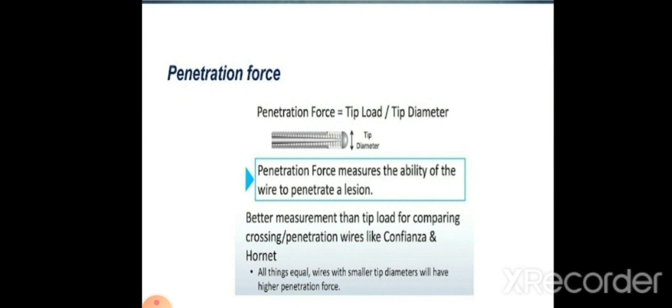All things being equal, wires with smaller tip diameters will have higher penetration force. So if you have a wire with a high tip load and a tapered tip, the penetration force of this guide wire is higher than if you have a wire with a blunt tip.